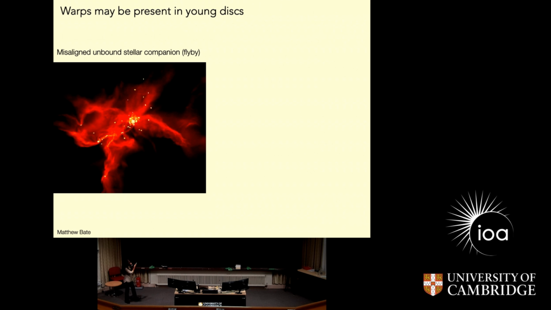This looks a little bit grainy here, sorry about that, but each of these is a star. You can see that we're in a clustered environment. There's a lot of interactions between the stars and the disks. It is highly likely that you would get some kind of interactions which can lead to a disk not being coplanar but actually being misaligned.